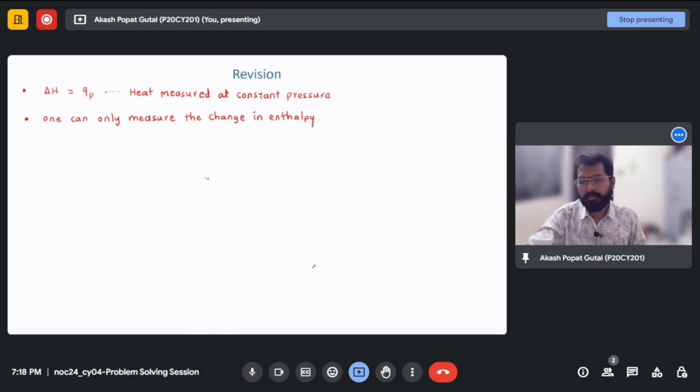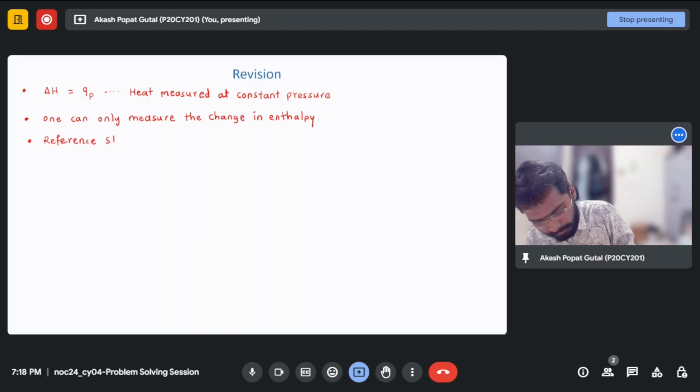Right? And this change is measured with respect to one reference state, and we need to define that reference state. We'll call it a reference state, right? And this is also termed as standard state.